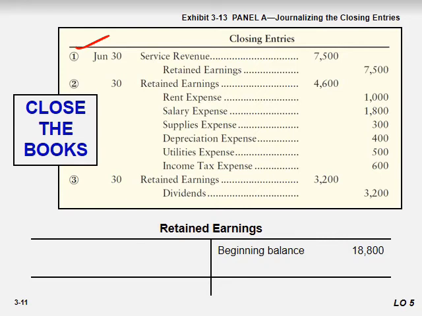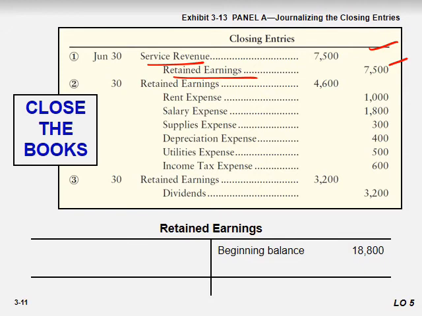When revenue increases, it is credited, but when you close it, you have to make a reverse entry. So now the revenue is reversed, so revenue decrease means debit, and we close it against retained earnings. So the answer would be revenue to retained earnings, right? Let me just close it down here. Service revenue to retained earnings 7,500.